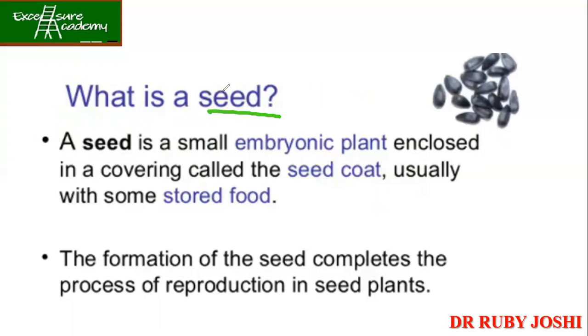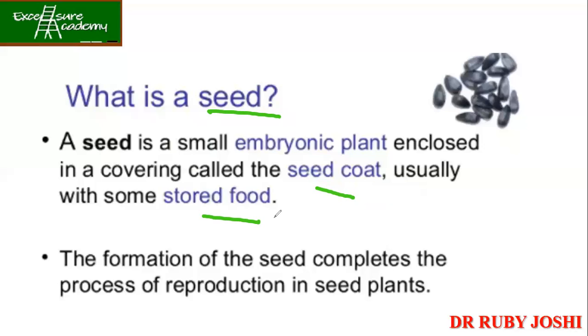It's a small embryonic plant enclosed in a covering called the seed coat, with some stored food. So what is the stored food in the seed? In the previous lecture, I have mentioned this. Do you remember? Ma'am, stored food means the nutrition and the proteins inside the seed.